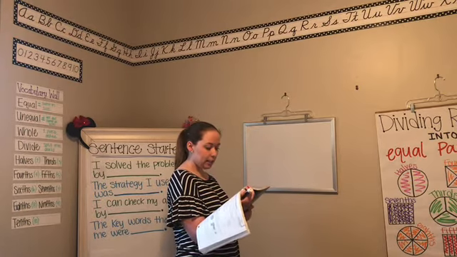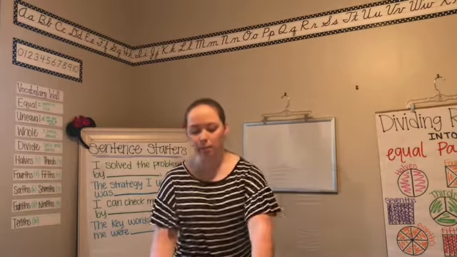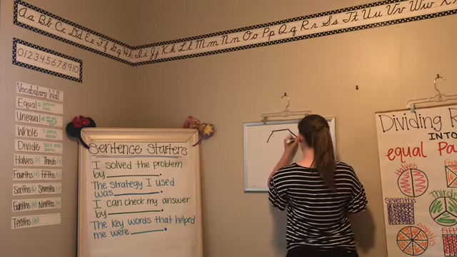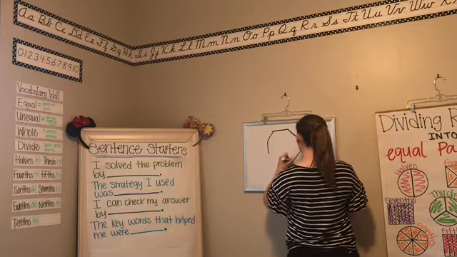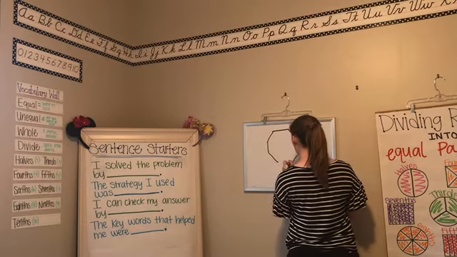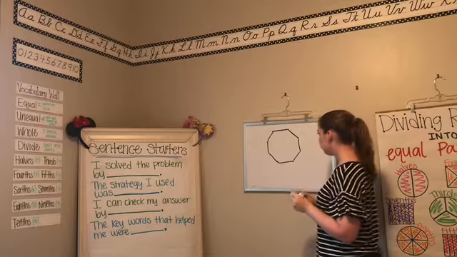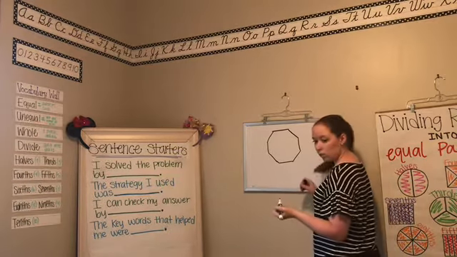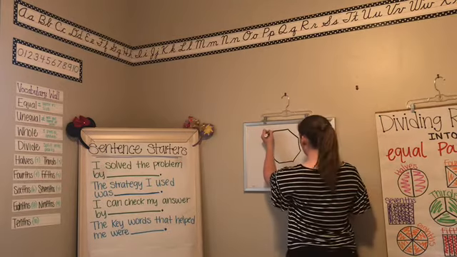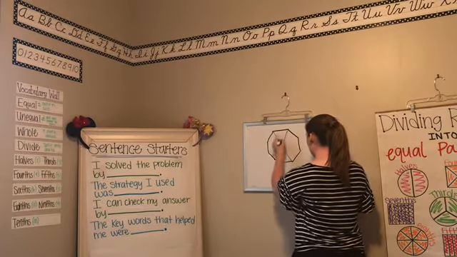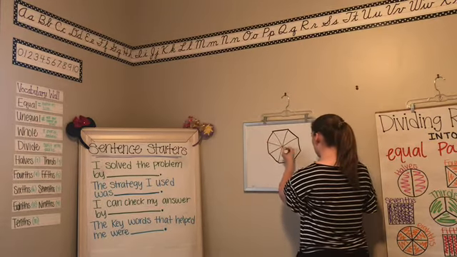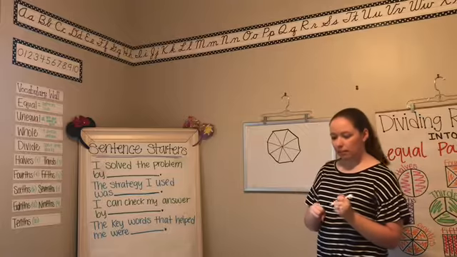So, let's see. That's a tricky one to draw, but I'll try my best. Okay. It's not a perfect octagon, but it will work. It looks like they connected all of the lines, or the corners. So that's what I'm going to do, and they all intersect in the middle. So it looks something like that.